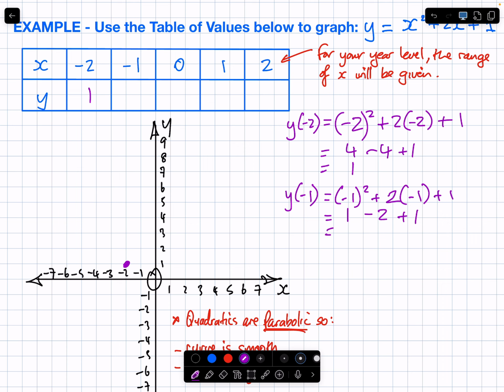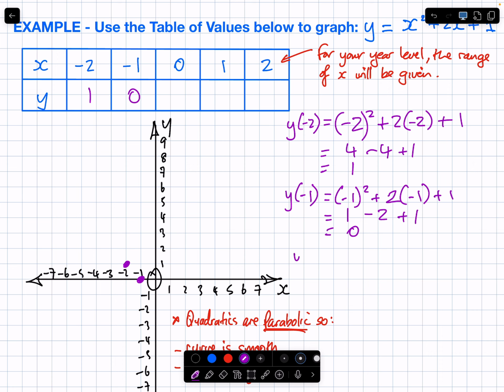So what's that going to be? 0. Negative 1, 0. I can do another dot here. My laser is in the origin. Where do I go? One step to the left. Do I go up or down at all? No. I've got another dot. Right now, these two dots would allow me to draw a straight line. That's not what a quadratic is.